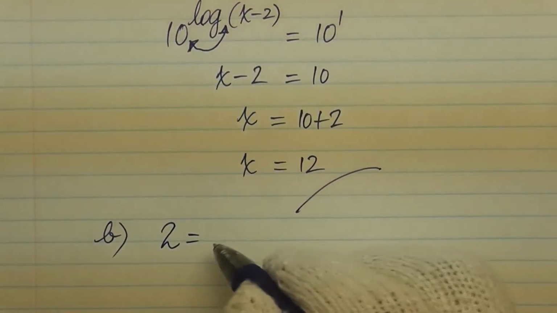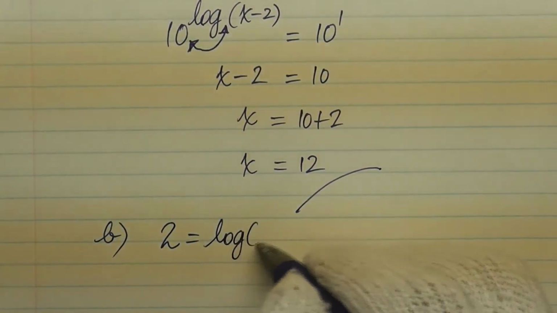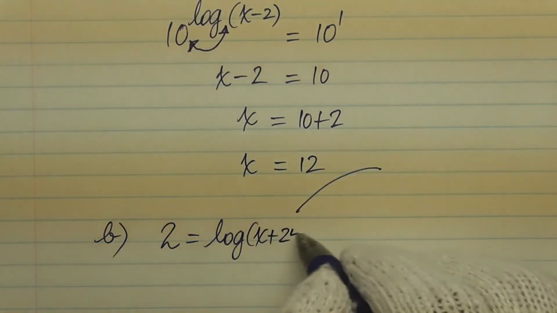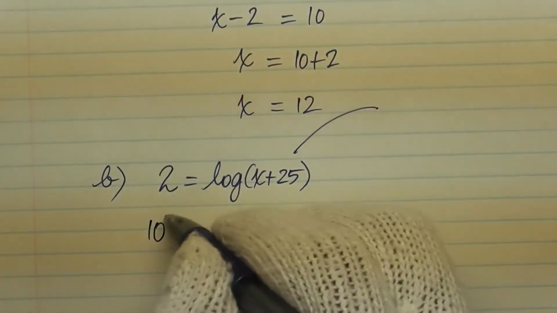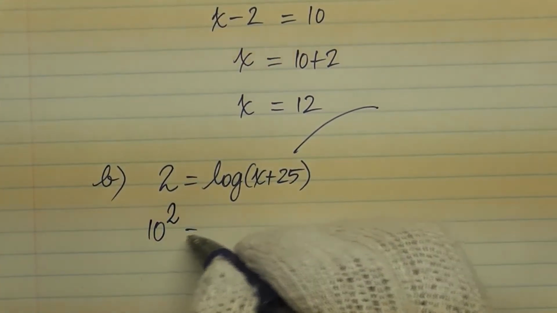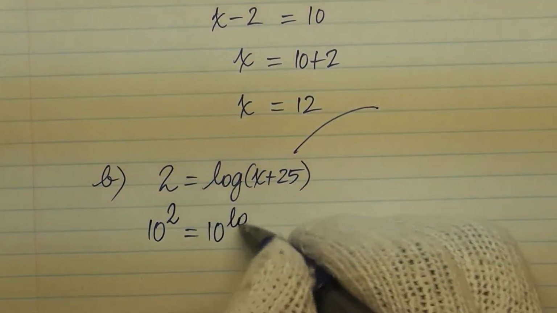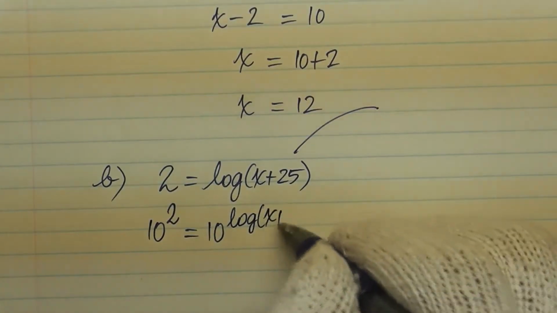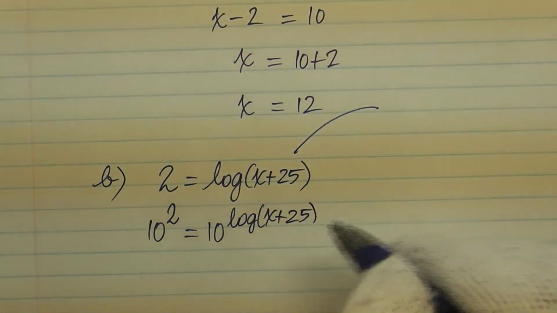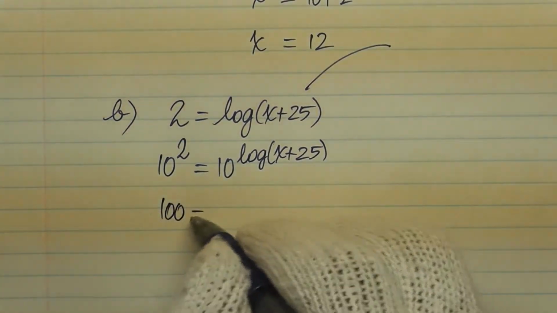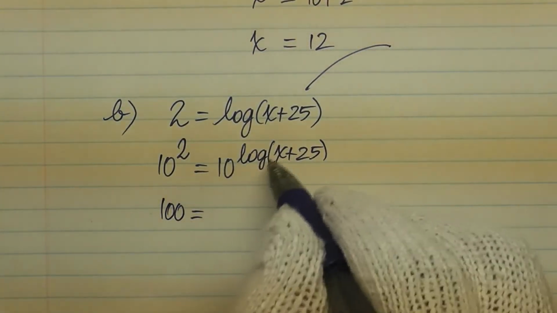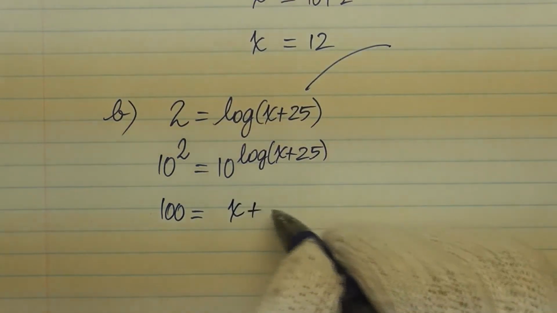Two equals log of x plus 25. So I'll try that same strategy. I'll raise both sides to base 10. This will tell me that 10 squared, which is 100, is equal to x plus 25.